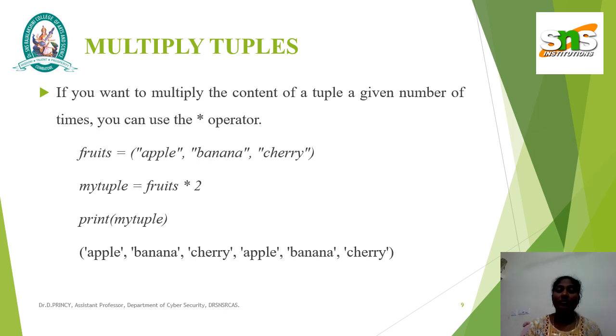Here, the asterisk operator acts as multiplication, so the same set of elements is repeated a number of times. Fruits has the values apple, banana, cherry. Multiplying by 2 means apple, banana, cherry will be repeated twice. The resultant tuple has apple, banana, cherry, apple, banana, cherry.